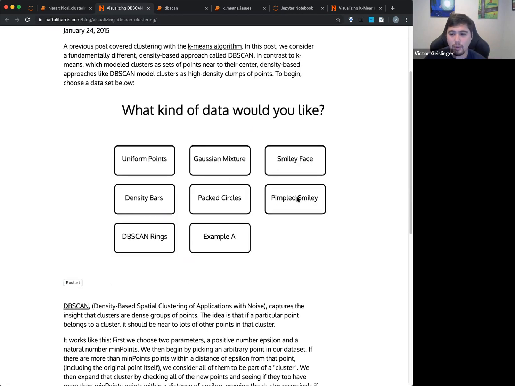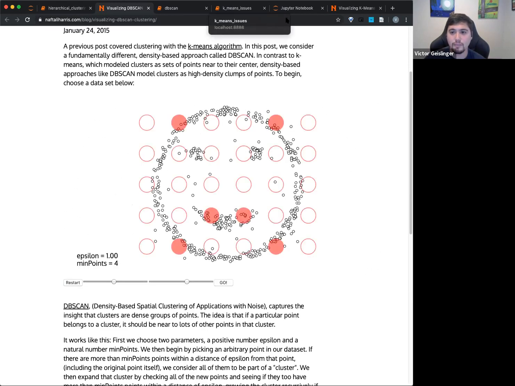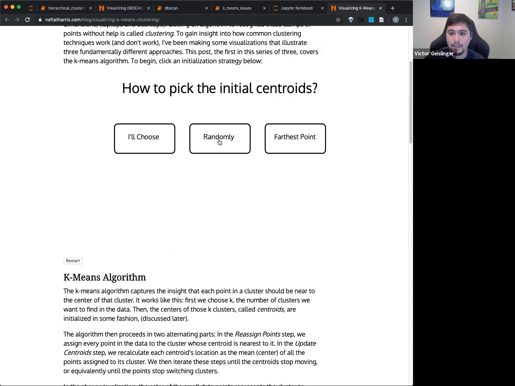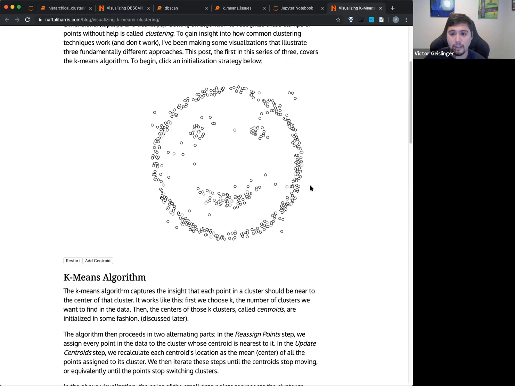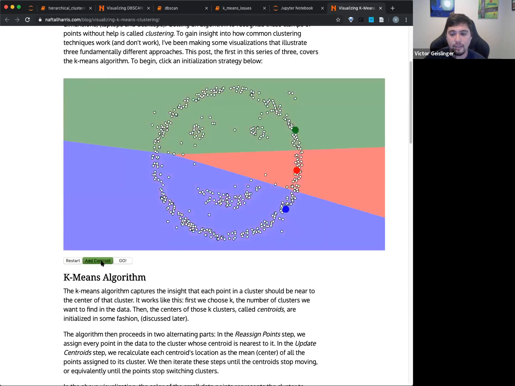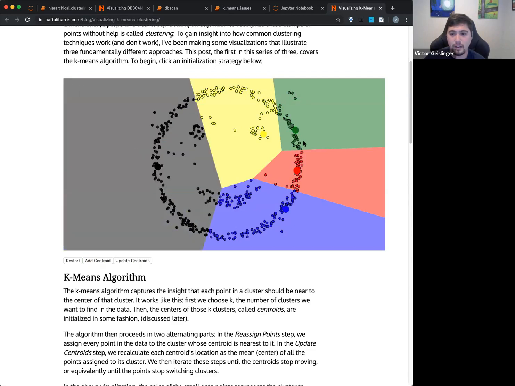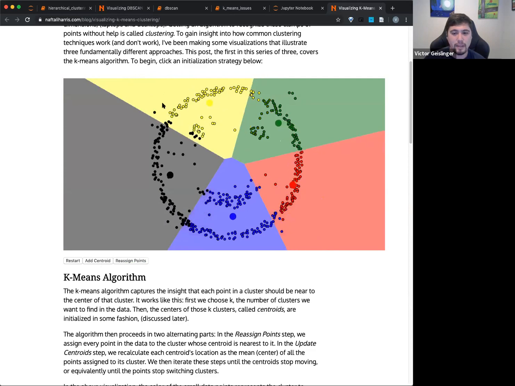You can see, for example, a pimpled smiley, which I love. I'm going to go here because it's the same person who wrote it, which is awesome. Pimpled smiley, this is for k-means. There should be 3 clusters, but you can see it's going to find 4. It's not going to do very well with this circle, these points right here, and it's going to have a real hard time with these extra noise points.